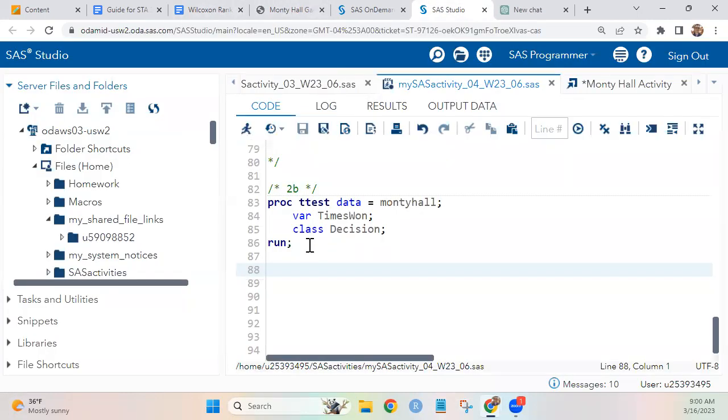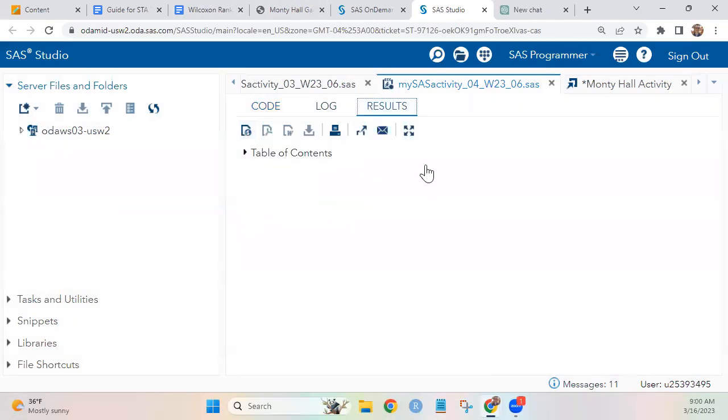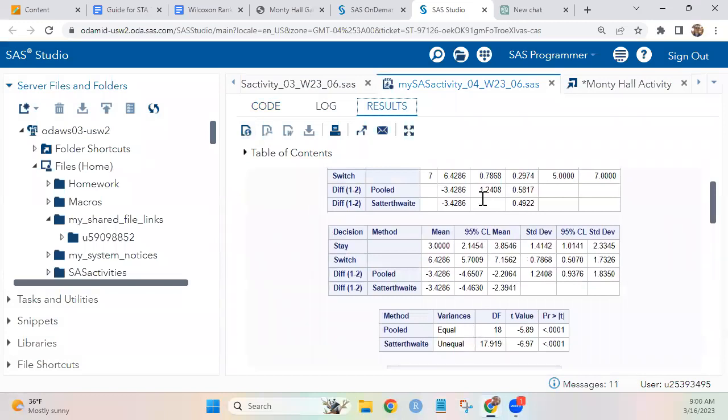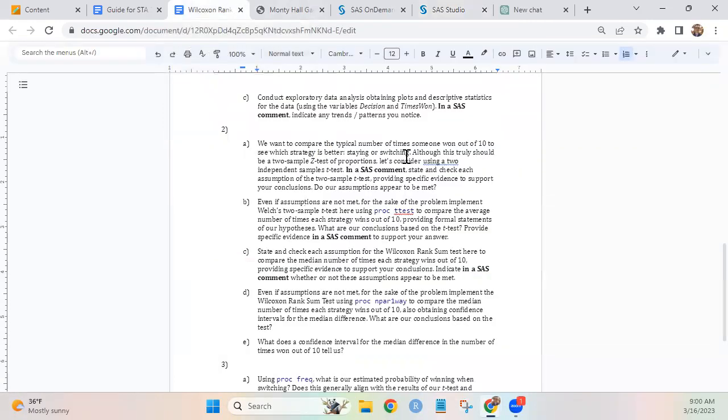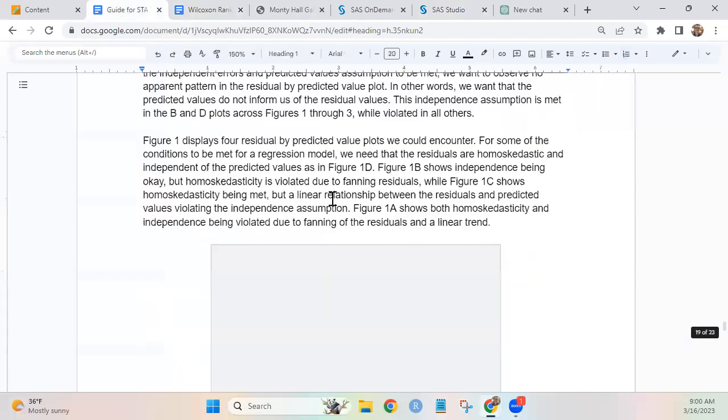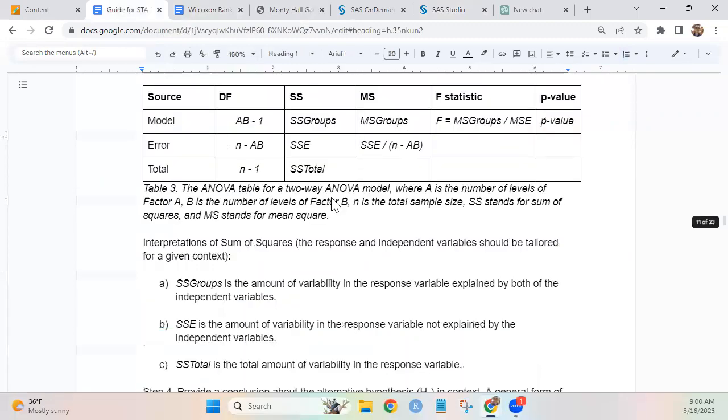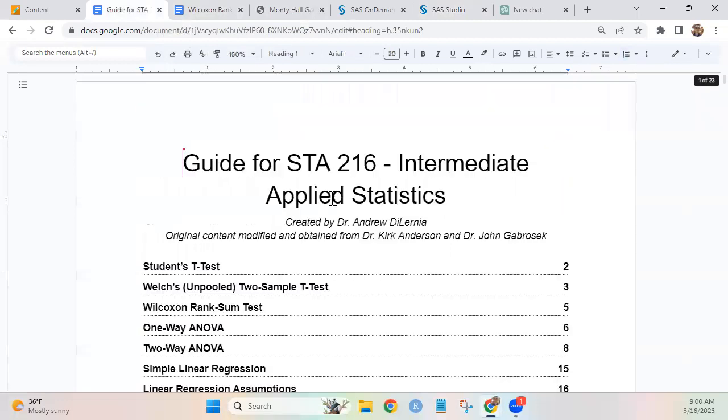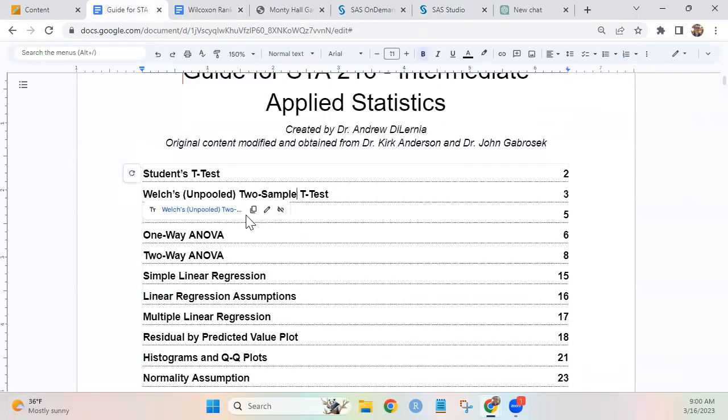Okay, so we did it the old-fashioned way, and we typed it out ourselves. So here's the 2 sample t-test. Okay, we'll give formal statements of hypotheses, state our conclusions, give evidence to support our answers. So let's go back to the guide for Stat 216 document.